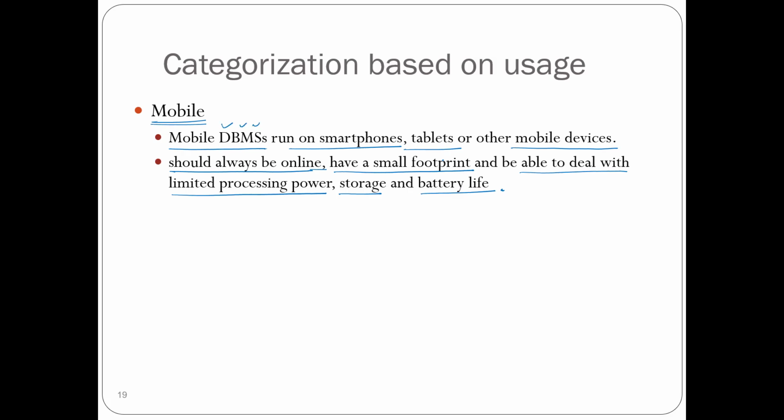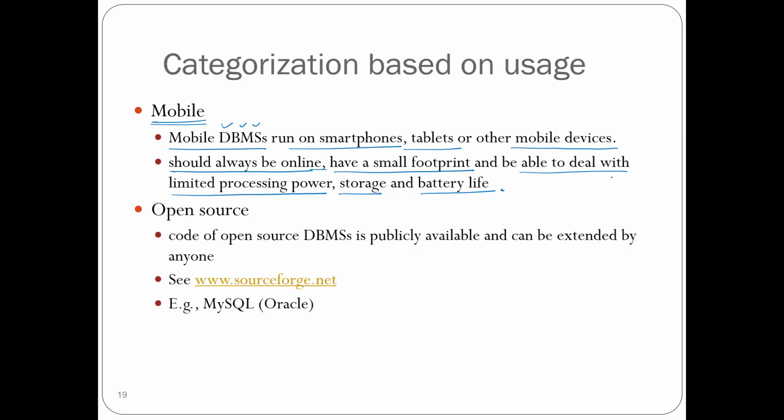They should have a small footprint. Small footprint means they should consume less power, use less storage, less CPU computation, and less memory. All these things are included in their footprint. And they should be able to deal with limited processing power, storage, and battery life.